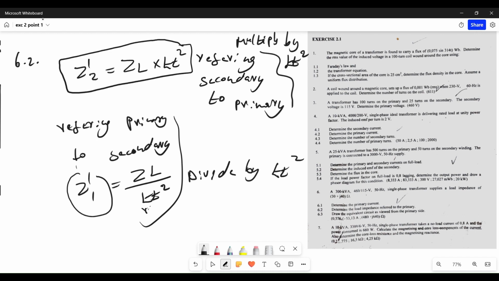On the other side, referring secondary to primary, what is on the primary side is going to be called Z prime 2. That's the new value. Whatever value is on the secondary side, you multiply it by the transformation ratio squared. You multiply here, you divide by kt squared. That's how you refer.